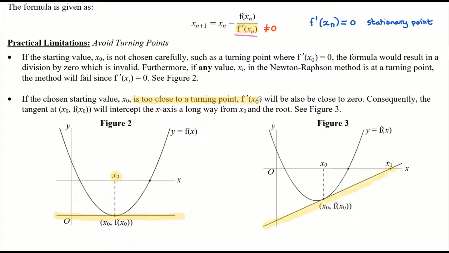It's going to create your next iterative point, x1, which, as you can see from this diagram, is too far away from the curve. The Newton-Raphson method then dictates that you have to use your x1 over here as your next input. If you did that, you would have to draw a line up to the curve right here, and I can't even fit it on the diagram. The curve would continue somewhere up here, for example, and then you're just going to be way off. So we need to avoid that at all costs.